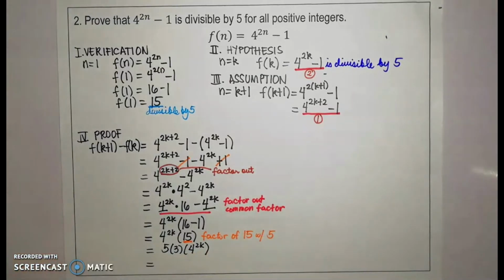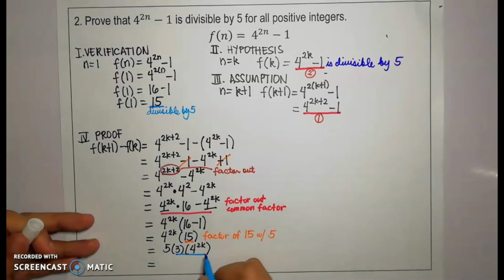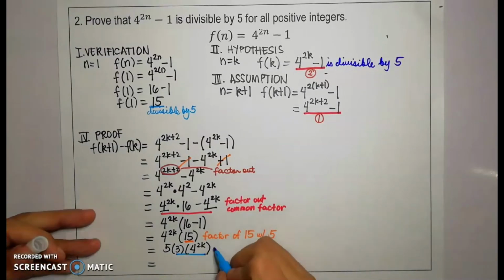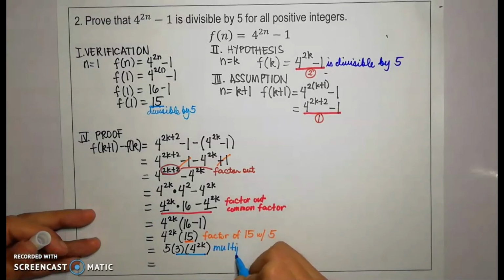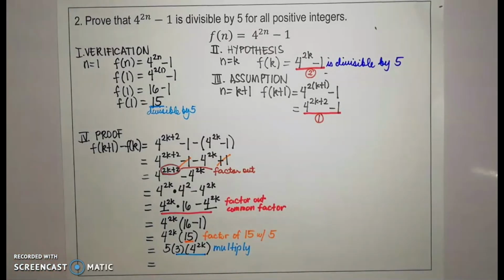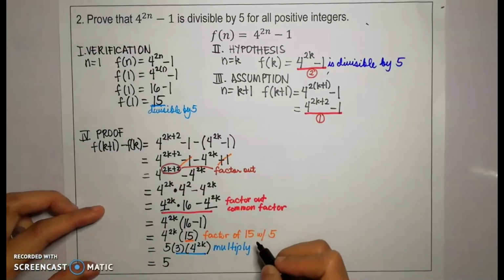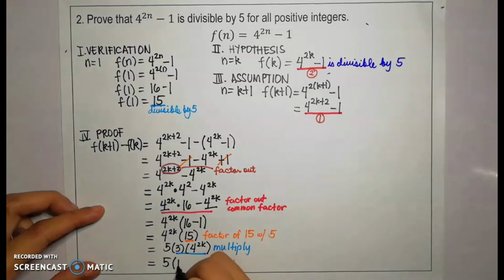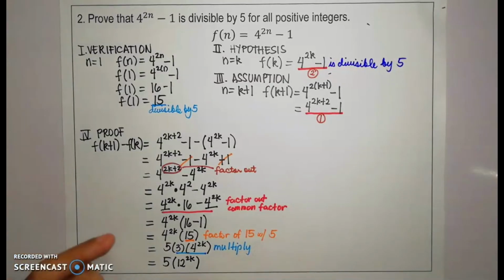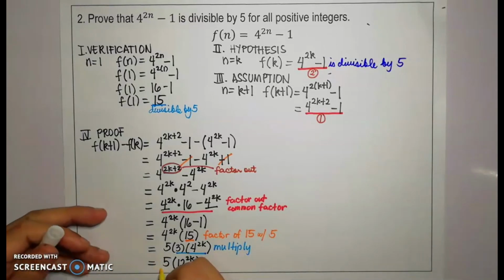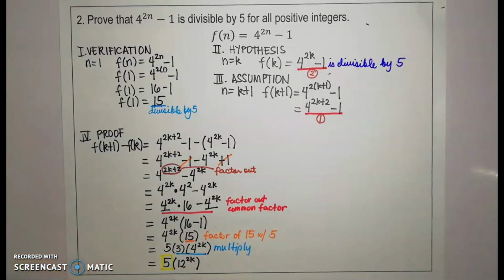Then we need to multiply 3 by 4 raised to 2k to simplify. And our answer is 5 times 12 raised to 2k, wherein 5 is divisible by 5 for all positive integers.